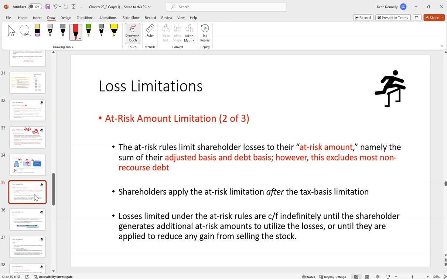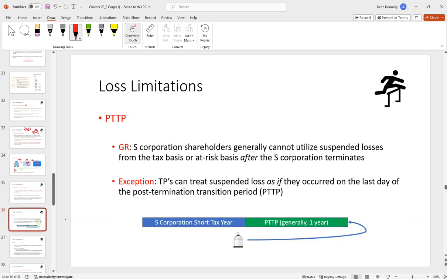Okay, the next thing here, the at-risk amount. That's the second hurdle. A lot of the time it's going to be the same amount as your tax basis, but it is going to exclude any non-recourse debt. One of the things to be aware of here is this post-termination transition period.